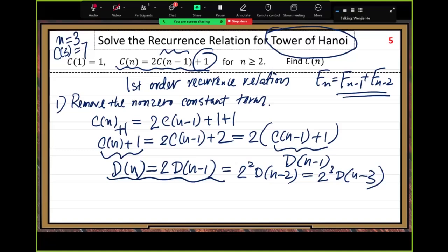Can we do iteration like this again and again? And at some point we get the general case, 2 to the k times d of n minus k.